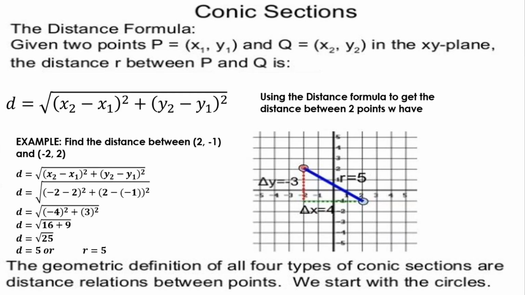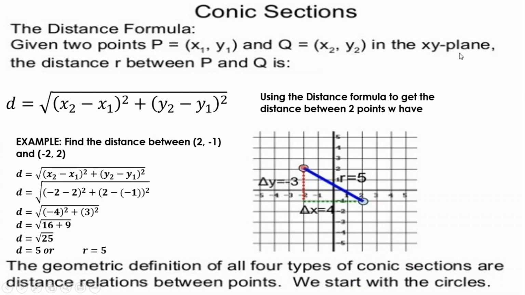Okay? So, how are we supposed to find the distance between two fixed points from point A to point B? Okay? So, we will going to use the distance formula. Given 2 points, P is equal to x sub 1, y sub 1, and Q is equal to x sub 2, y sub 2.